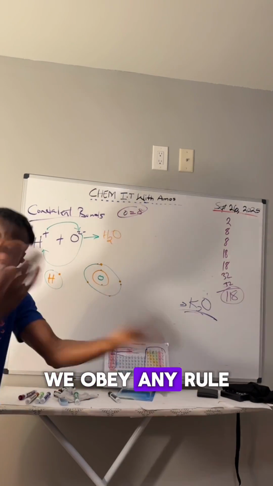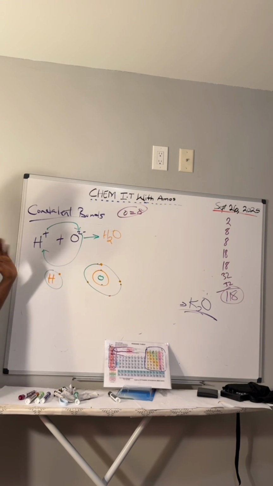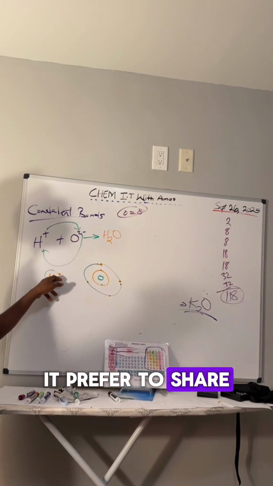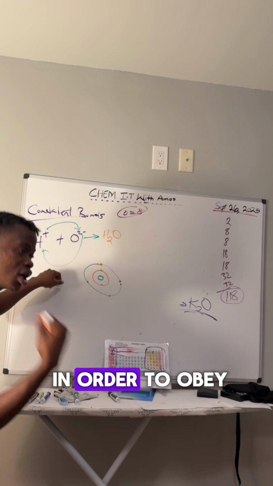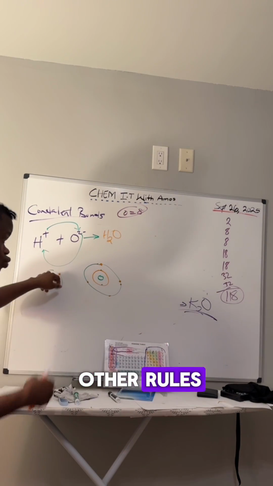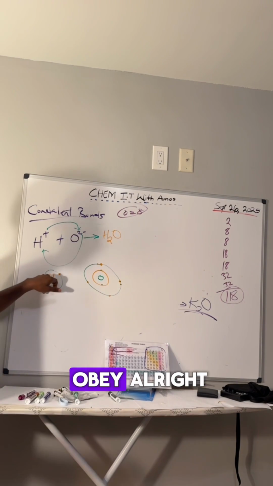It will obey neither. You give away 1 electron and you have nothing, right? So the atoms prefer to share with somebody in order to obey one of the rules, be it the duplet or the octet rule. So we can try to figure out which rule H obeys.